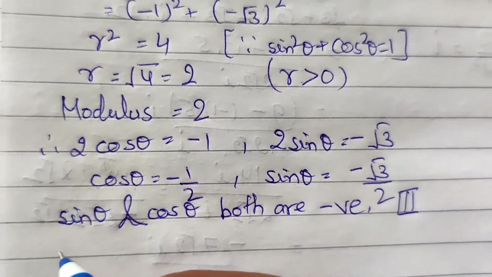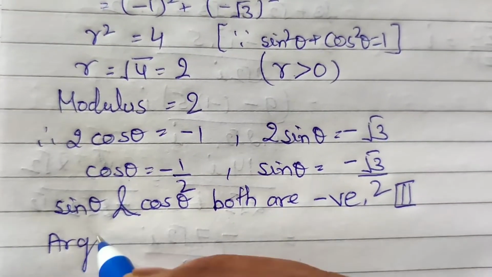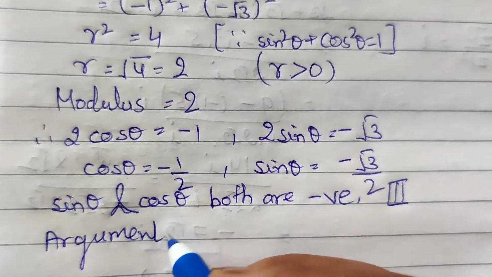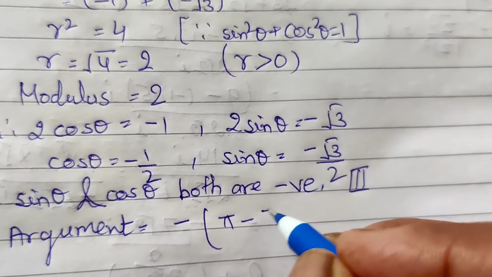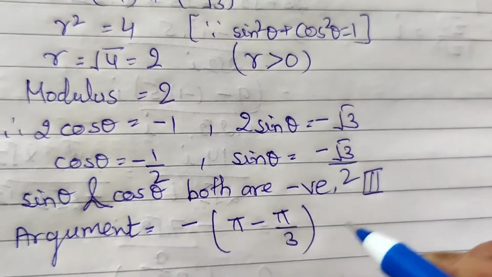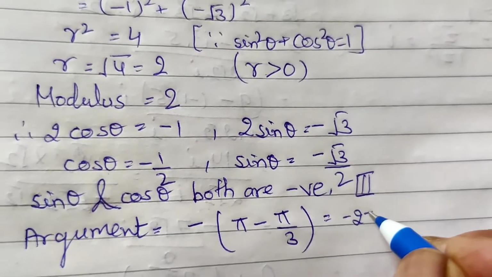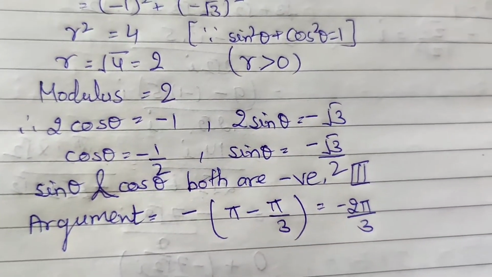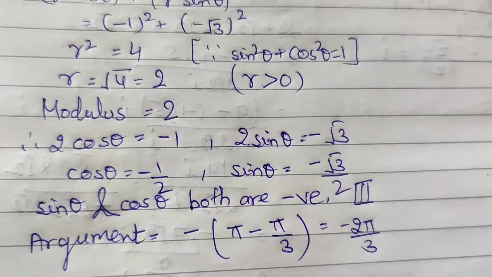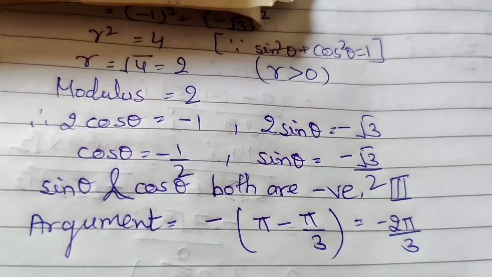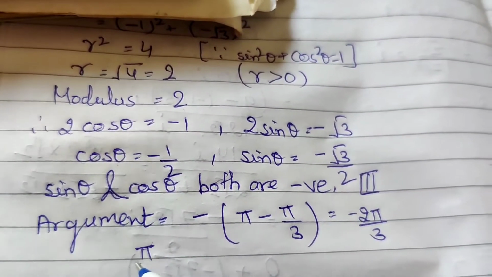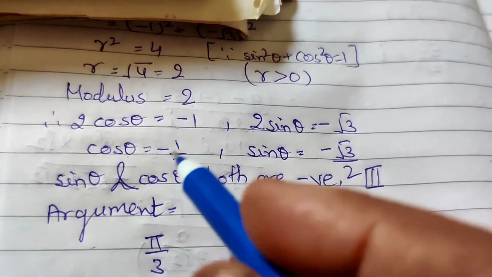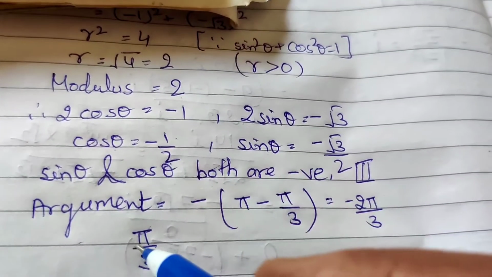Okay. So now the argument is -π + π/3, equal to -2π/3. The modulus is 2 and the argument is -2π/3. Cos theta is -1 by 2, it means the angle theta is π by 3. The value of cos theta, -1 by 2, gives π by 3.